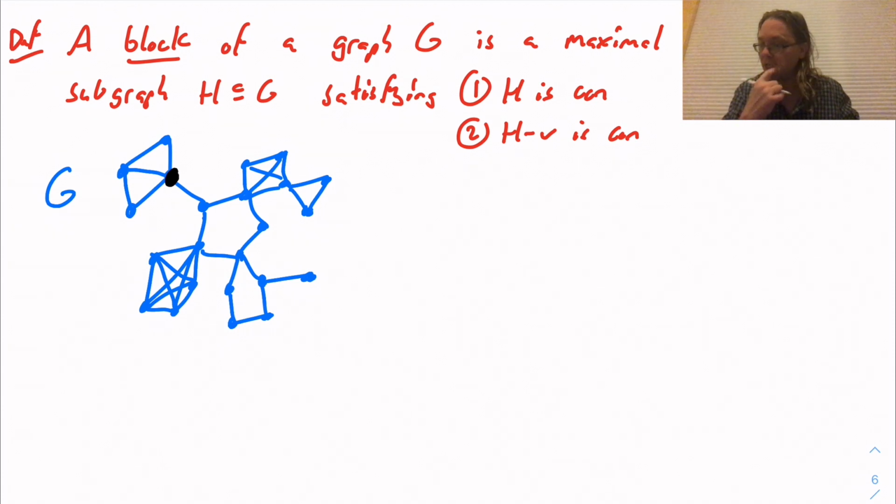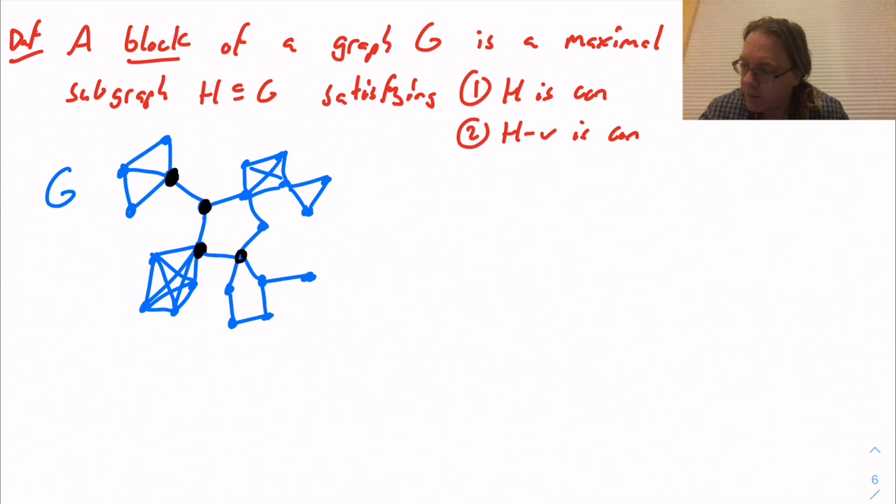But if I delete the black vertex, you're going to disconnect it, right? This black vertex disconnects my original graph. So if you're looking to make a block, you're going to have to take stuff just on one side of that black vertex, and that's true more generally anytime you see a cut vertex.